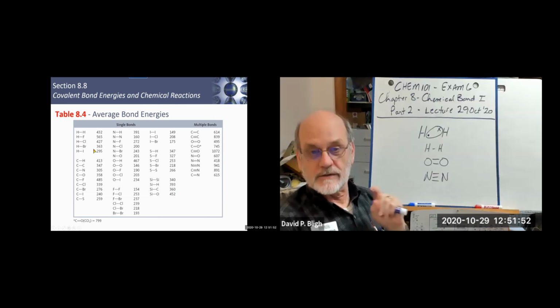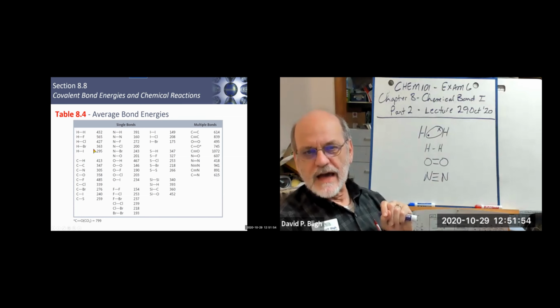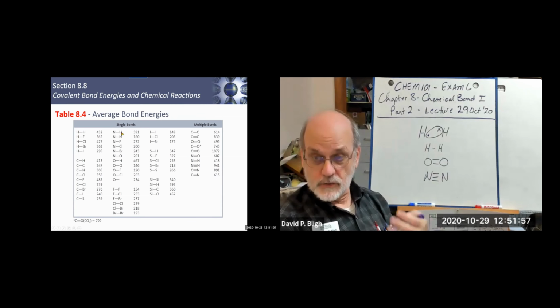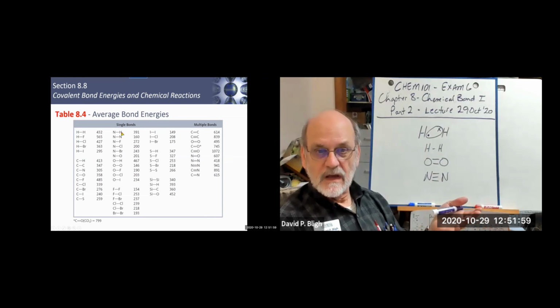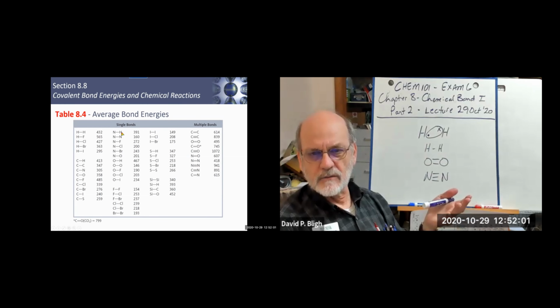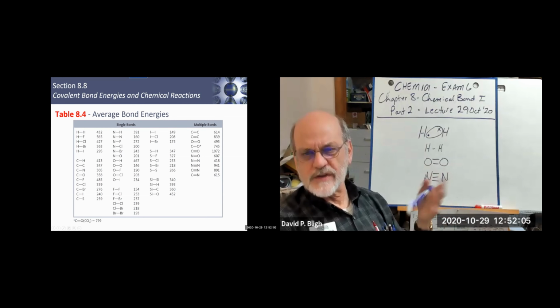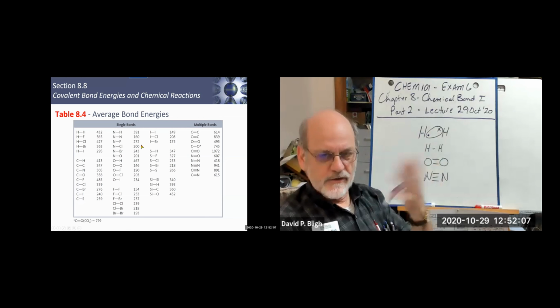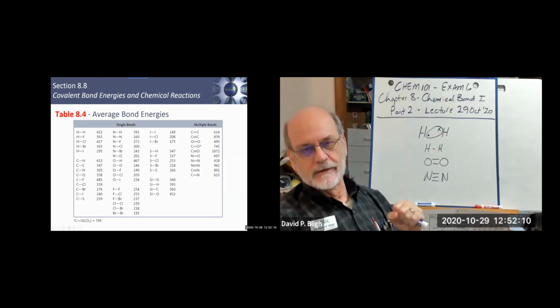Let's do nitrogen. Okay, nitrogen single bond. In some molecules that's possible. It takes 391 kilojoules per mole to break the bond. I know we left the units out here, but it's the relative numbers that matter.